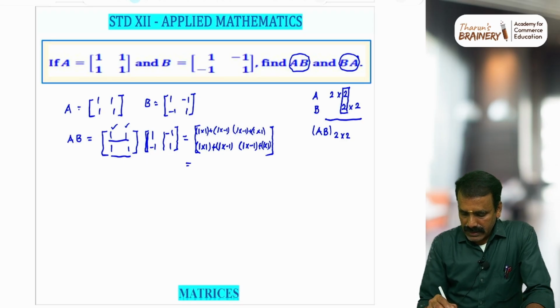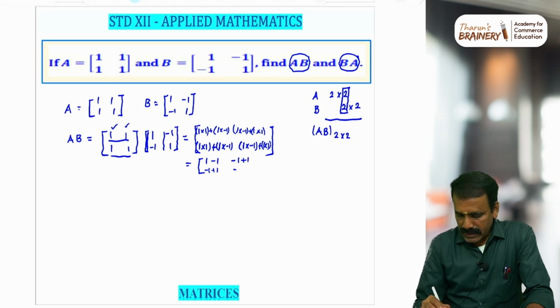So we are getting the answer: 1 ones are 1. 1 into minus 1 is minus 1. Again minus 1 plus 1. Again minus 1 plus 1.